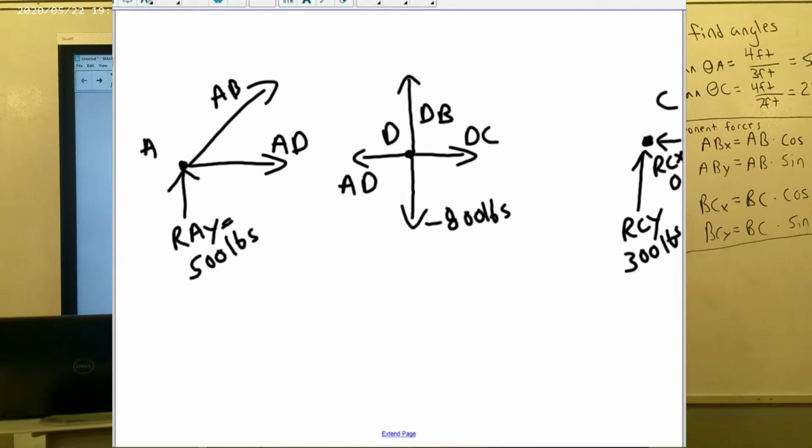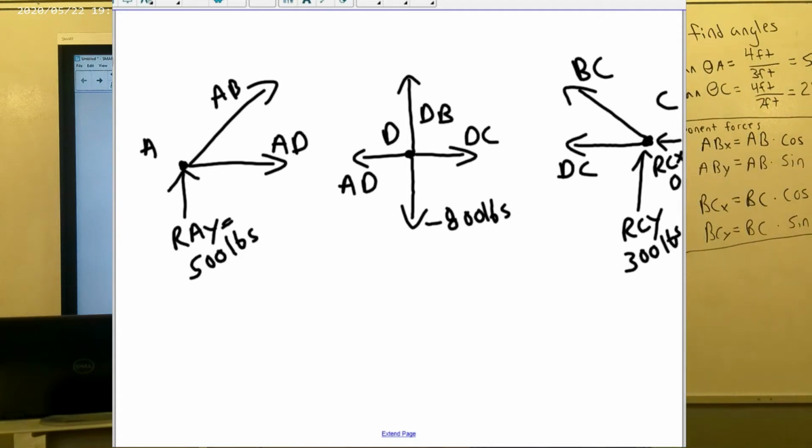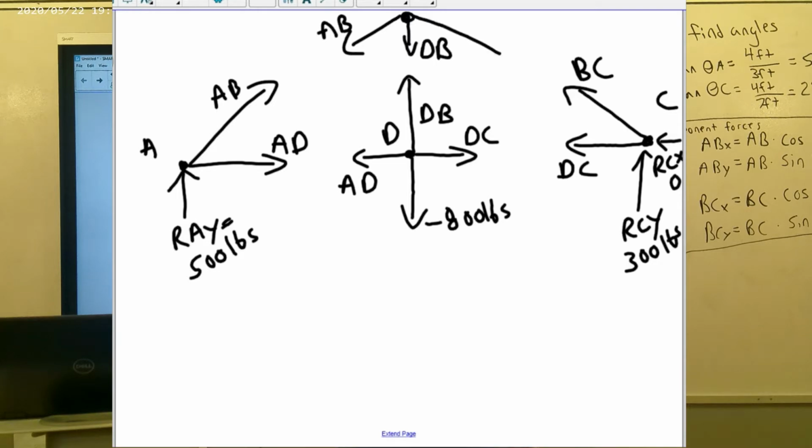I have member BC, and I also have member DC. And then lastly, I'll draw my free body diagram for point B. For point B, I have member AB, I have member DB, and I have member BC.